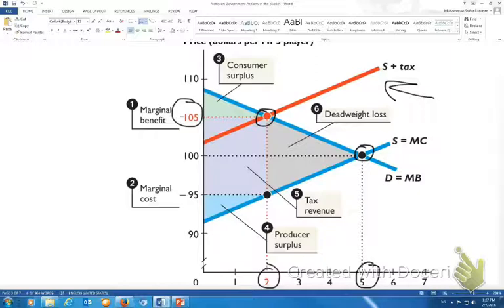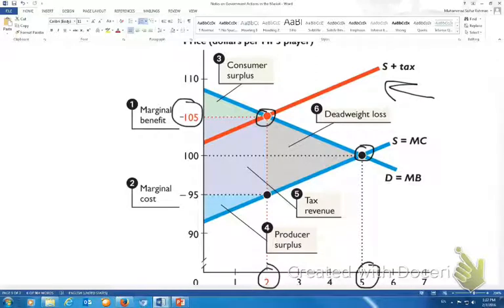But you have to understand that this is the price that our consumer pays, and the price that our producer receives is actually just 95.